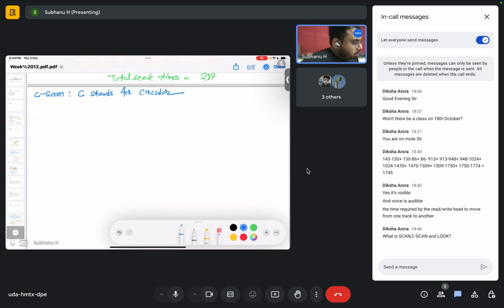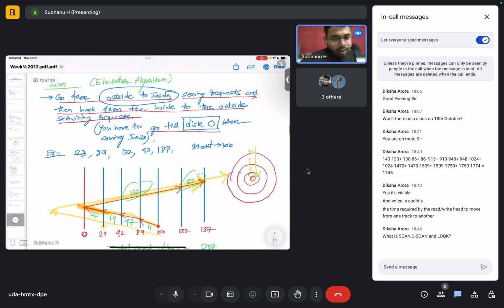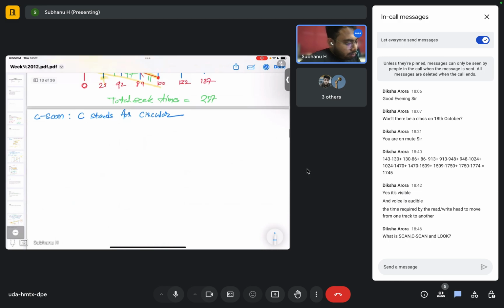The algorithm is the same as SCAN or the elevator algorithm, but C-SCAN is for circular.